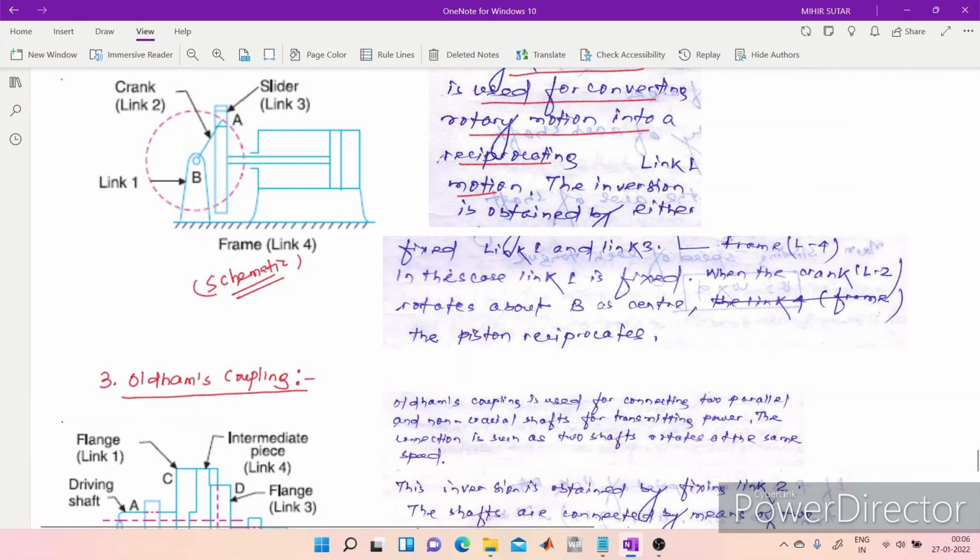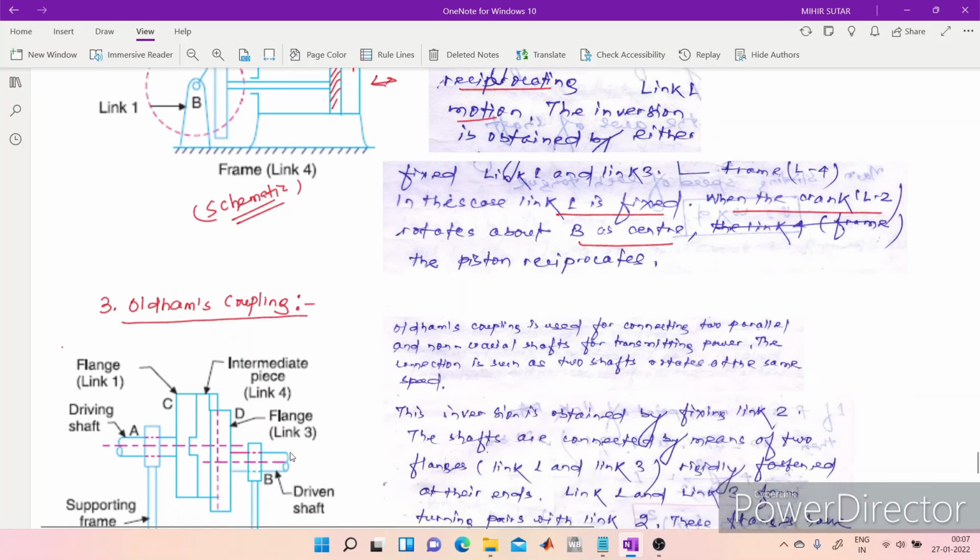In this case link 1 is fixed. When the crank, that is link 2, rotates about point B as center, the piston reciprocates. Here you can see this is the piston and this one is our cylinder. So the piston reciprocates inside the cylinder.